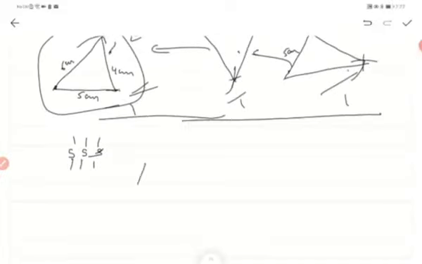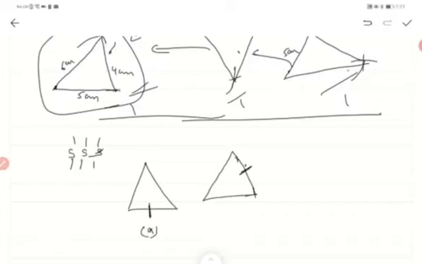Now, let me take two triangles, triangle A and triangle B. This side is equal to this side of B, and this side is equal to this one, and this is equal to this side.